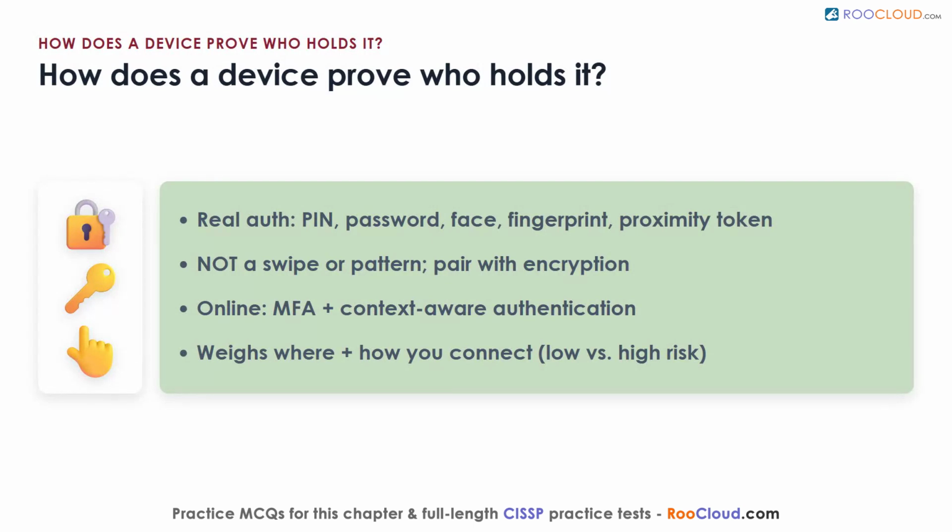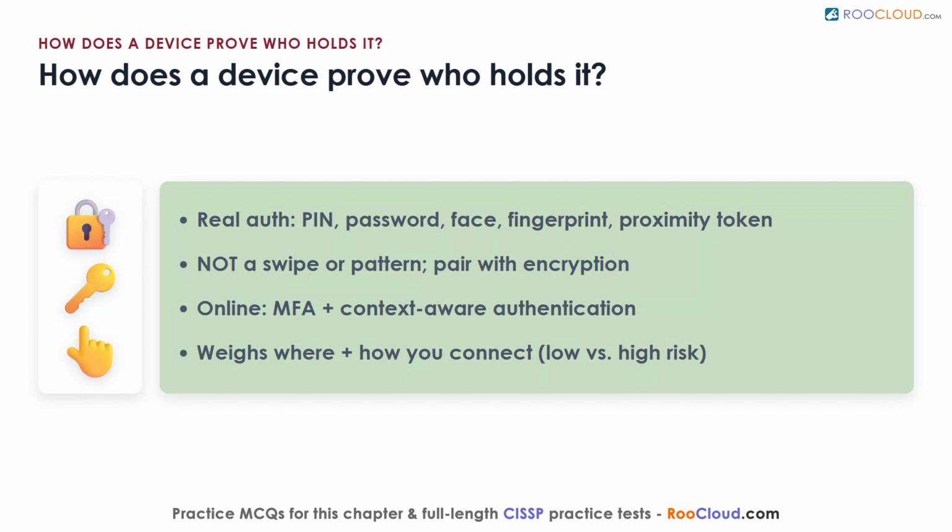How does a device prove who is holding it? Through real device authentication, not a lazy swipe or pattern. Whenever you can, require a password, a personal identification number, a face or fingerprint scan, or a proximity token. Pair that authentication with encryption so no one can pull data off through a cable while the screen is locked.